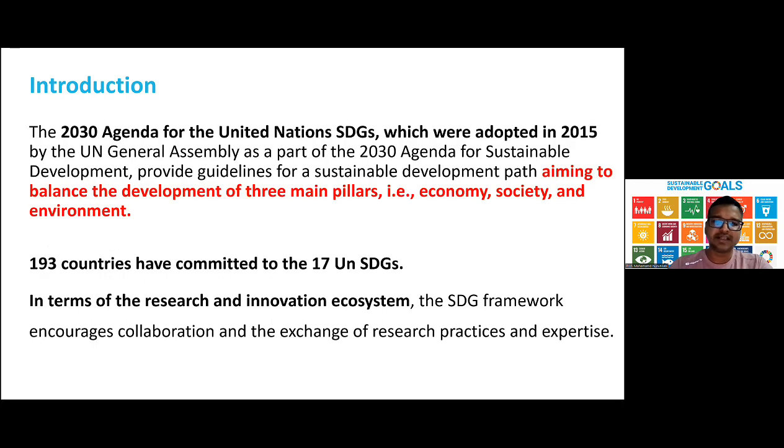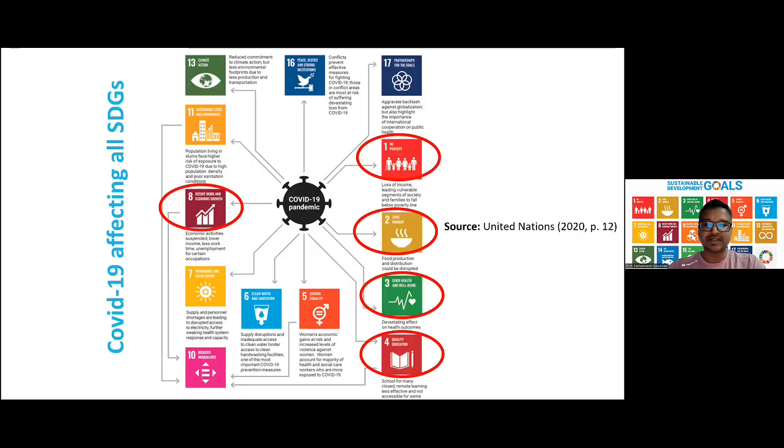So accordingly, the 2030 agenda for the UN SDGs was adopted by 193 countries in 2015. The three pillars for the SDGs are economy, society, and environment. And these are the SDGs.